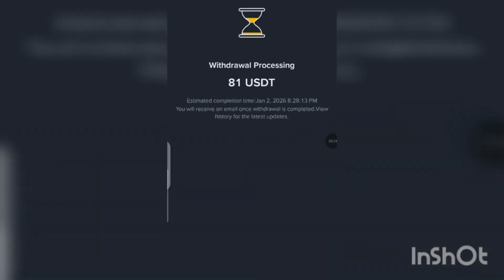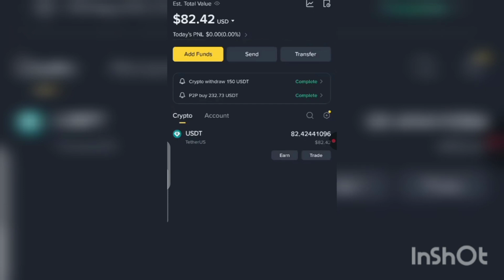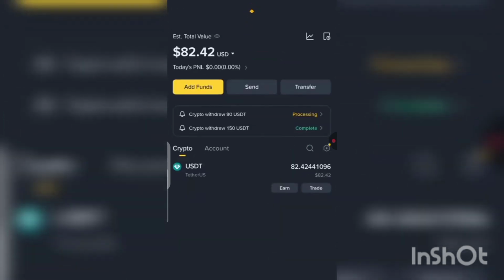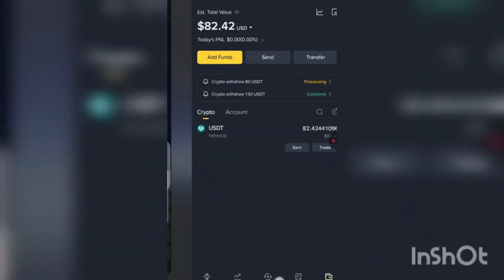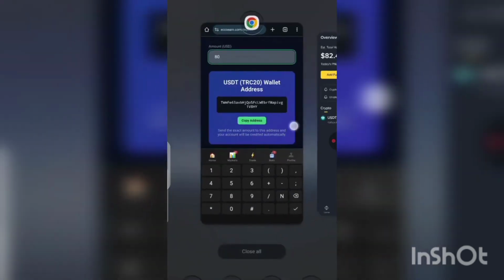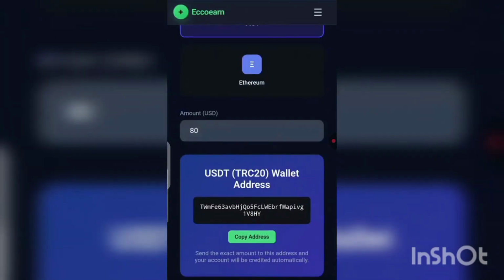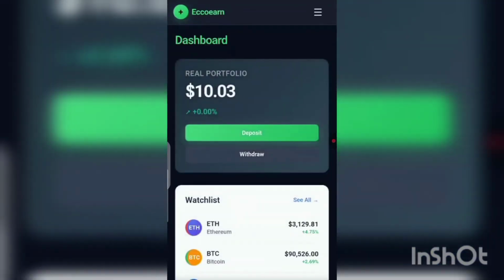As you can see, I just made a withdrawal right now. We are going back to my bot account so that we can wait for the withdrawal.